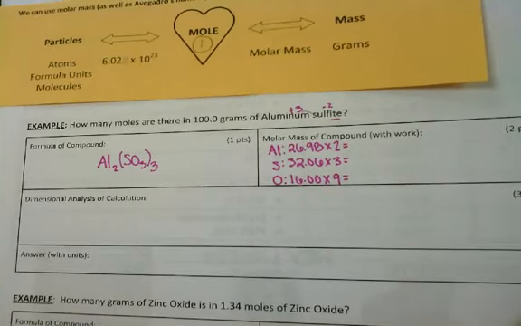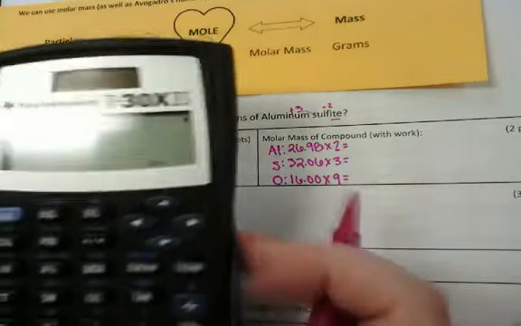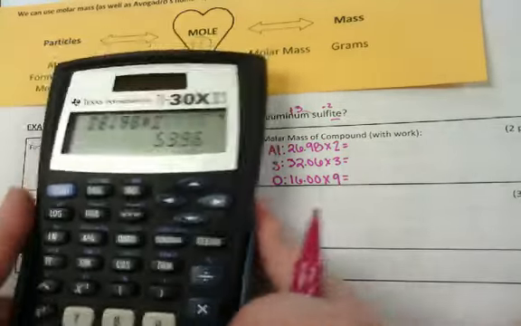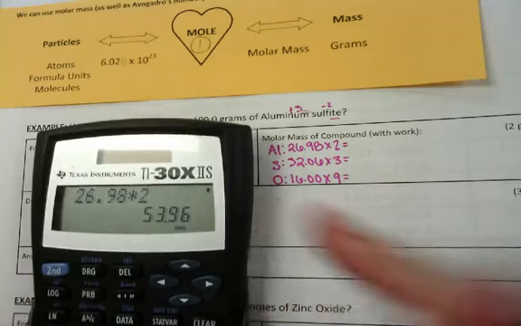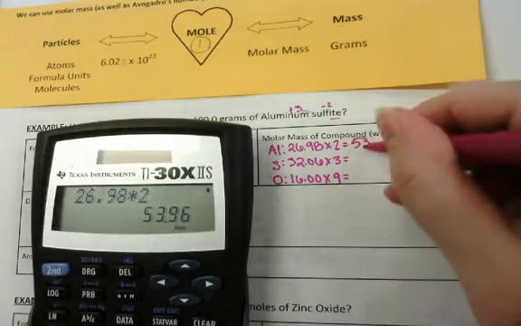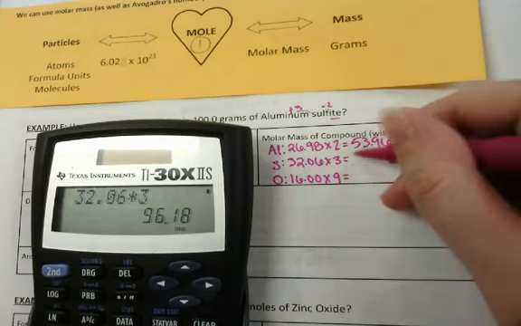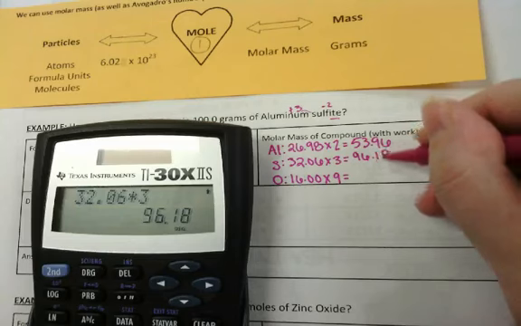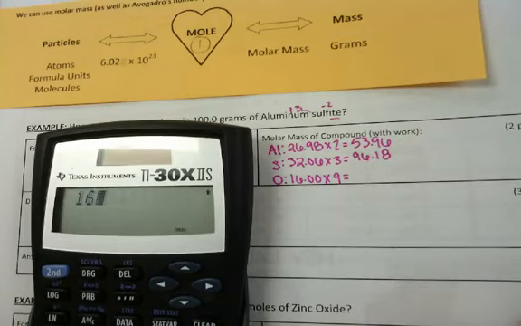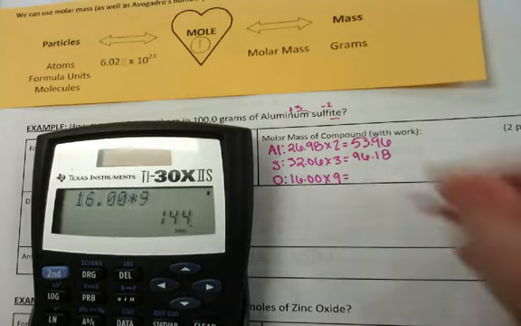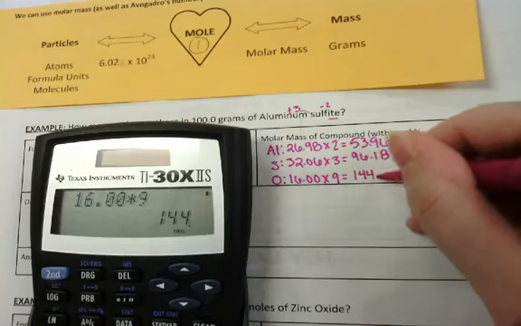And we'll plug that into the calculator. So 26.98 times 2 gives me 53.96. 32.06 times 3 is 96.18. And then 16 times 9 is 144.